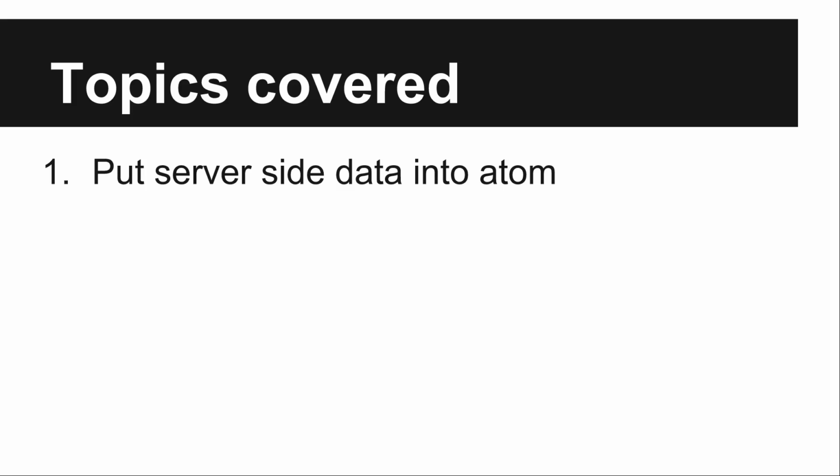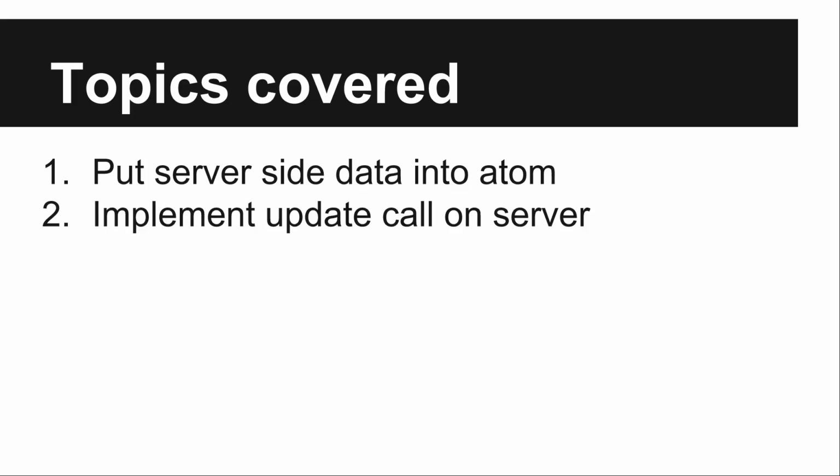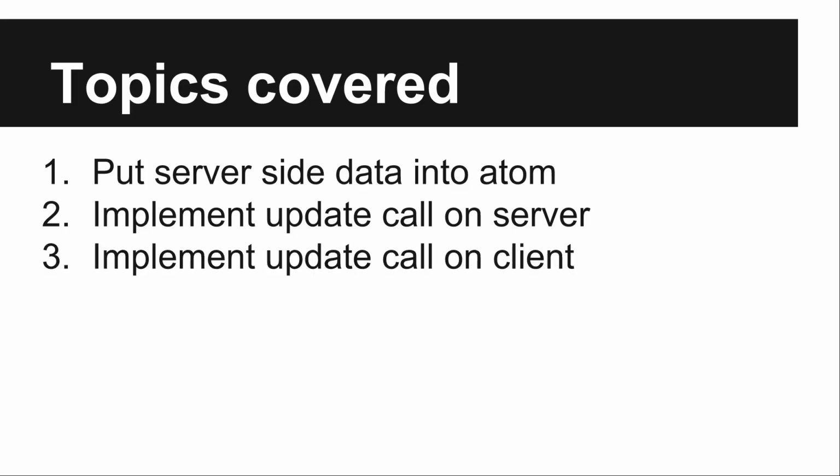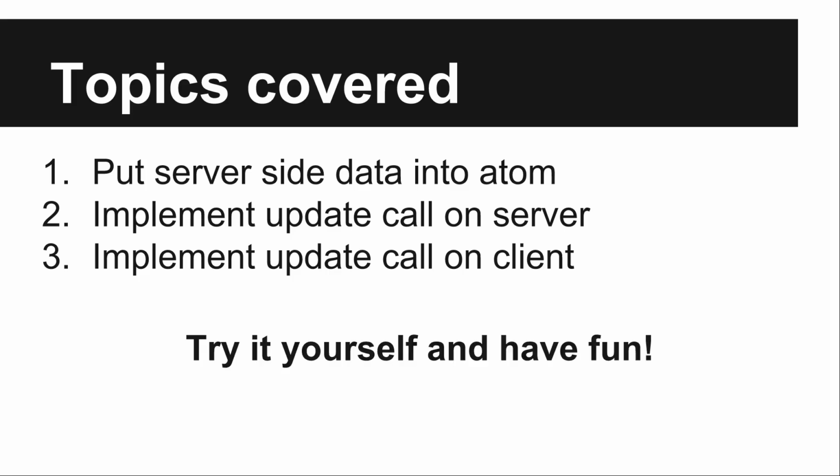In detail this means we have to put this contacts data array or vector into an atom. We have to implement the call on the server side and of course also on the client side. And I hope this is fun for you and encourages you to try your own stuff.